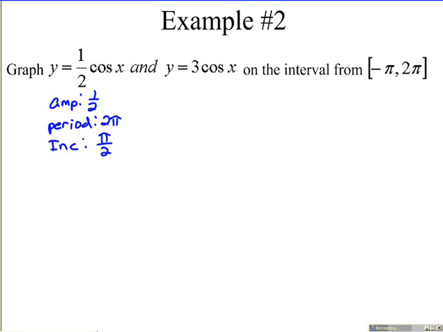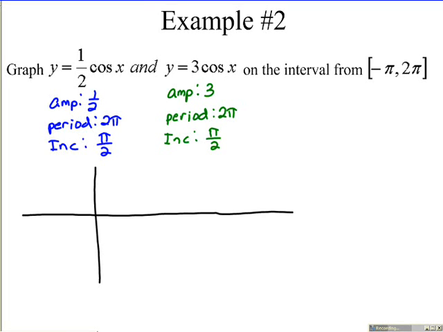For our second graph, the amplitude is 3, period is 2 pi, and the increment is pi over 2. So labeling our critical points here, pi over 2, pi, 3 pi over 2, 2 pi.